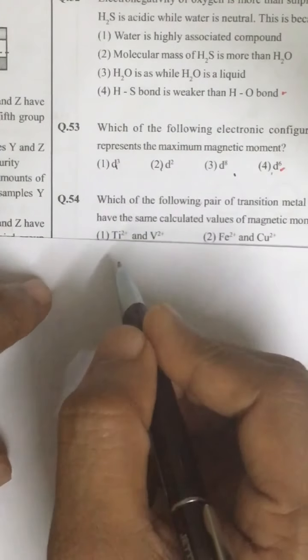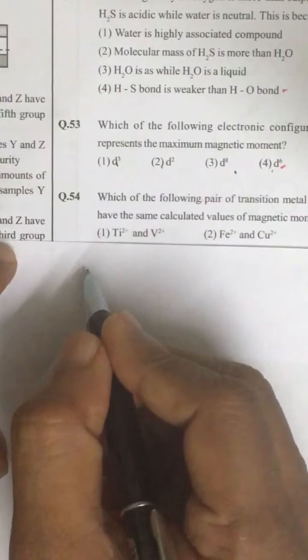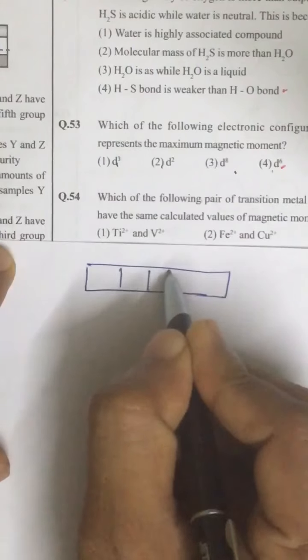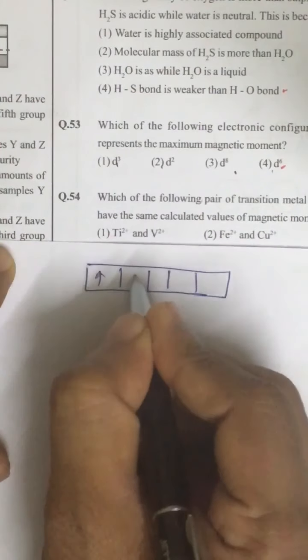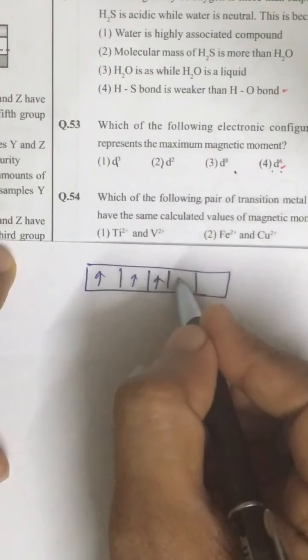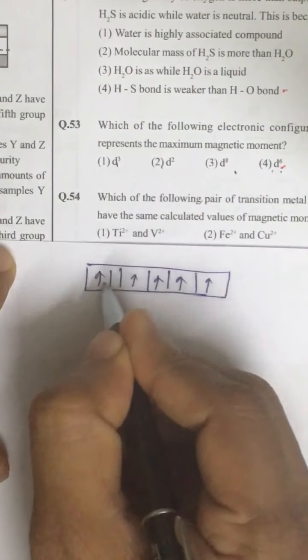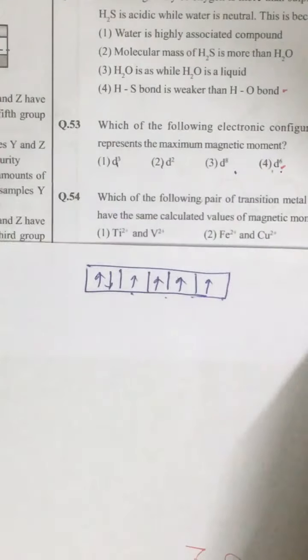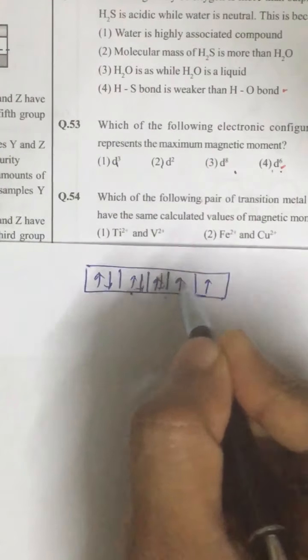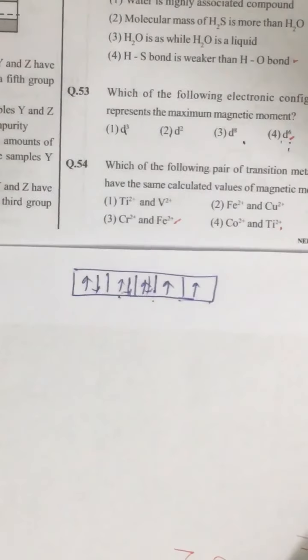In d3 we have 3 unpaired electrons and in d2 we have 2 unpaired electrons. In d6 we have 4 unpaired electrons. Whereas in d8, after d6, d7, d8, the unpaired electrons decrease. So the best option is d6.